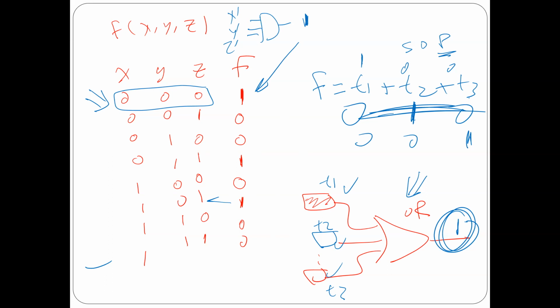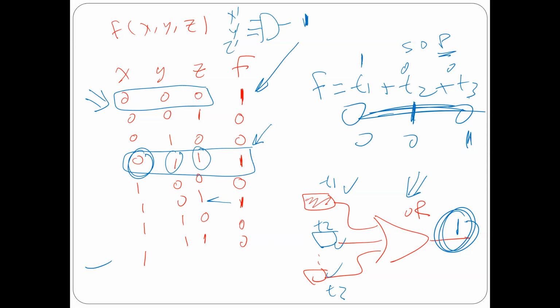Okay, so let's think about this one here. What term do I have to use here? Very simple, because I'm using AND, to get 1 all inputs should be ones. Because these ones are ones, I'm going to use them without complement. But this one has to be complemented. So this is the way you have to do it.